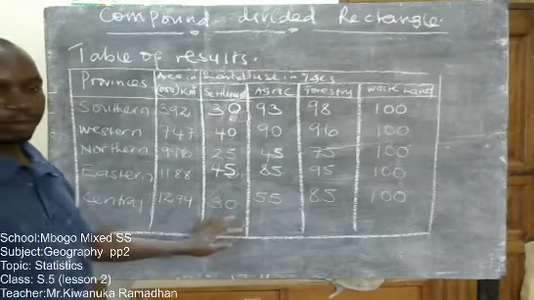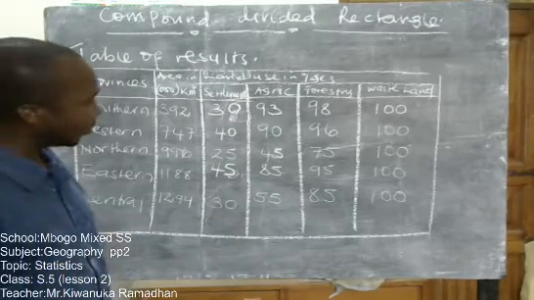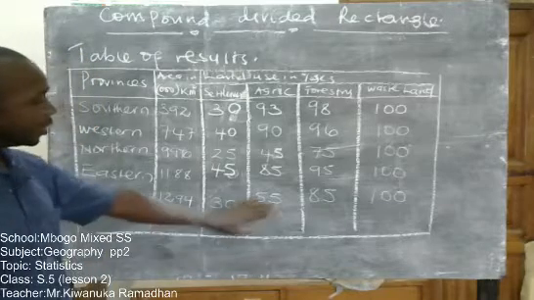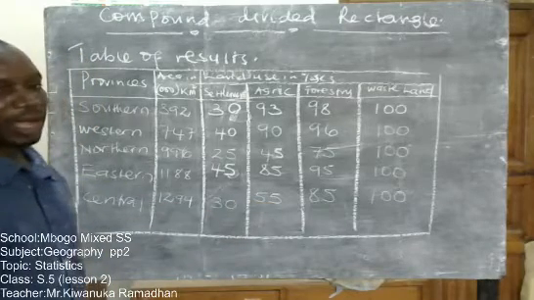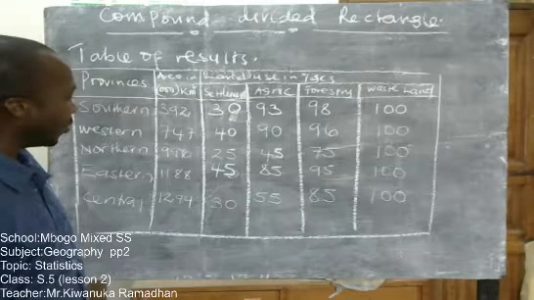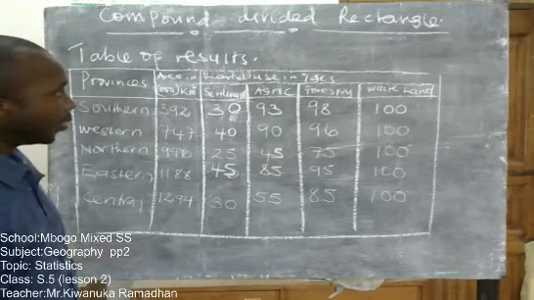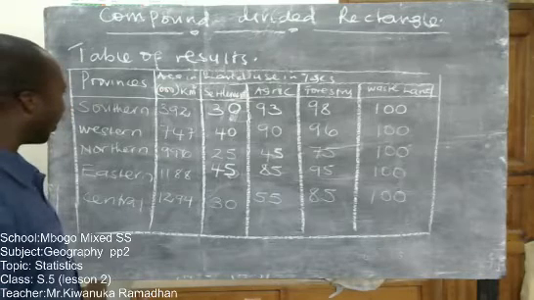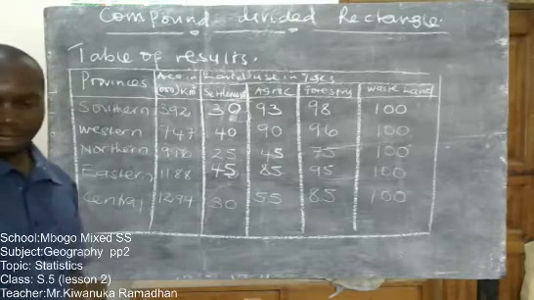This is our table of results, and out of this we are going to draw our compound divided rectangle.